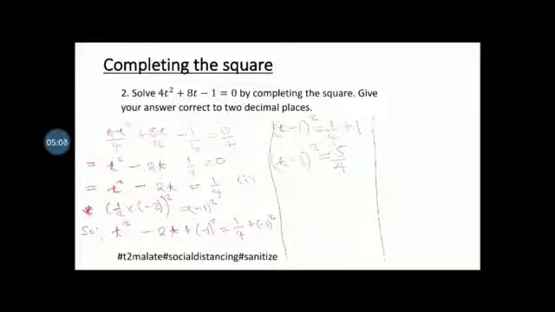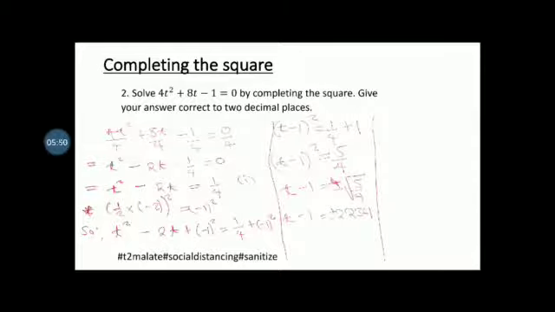Again, we want to find t, so we take the square root on both sides. We're going to have t plus 1 is equal to plus or minus the square root of 5 over 4, and it's going to be plus or minus square root of 5 is 2.2361.